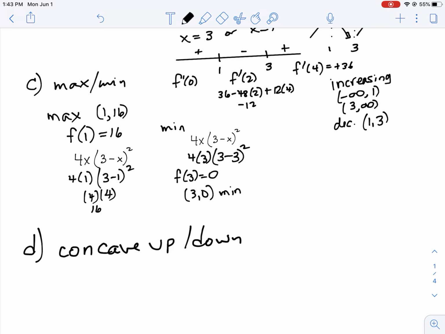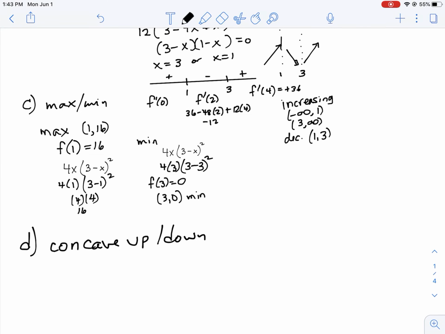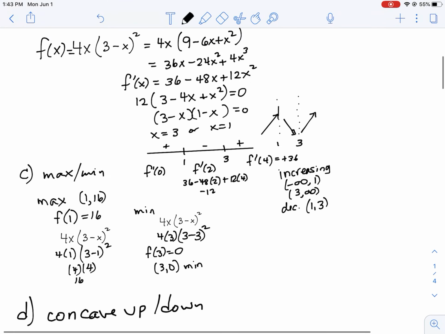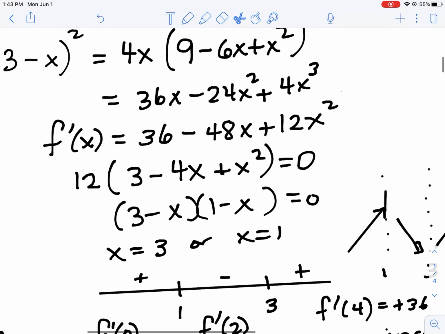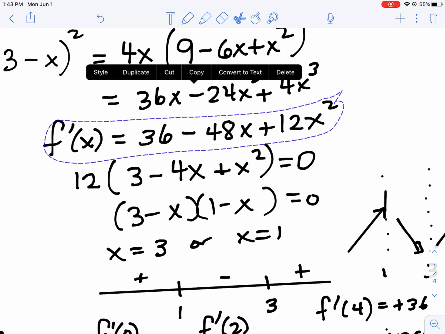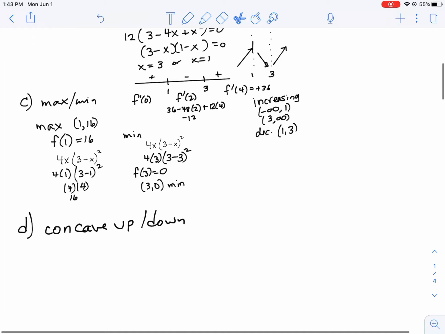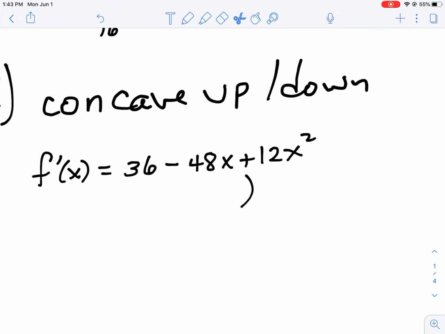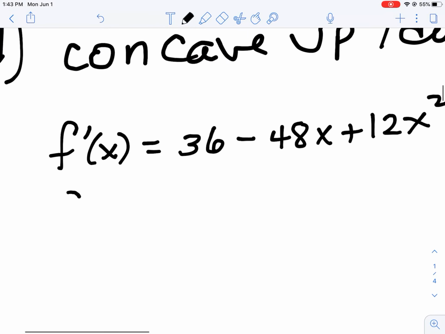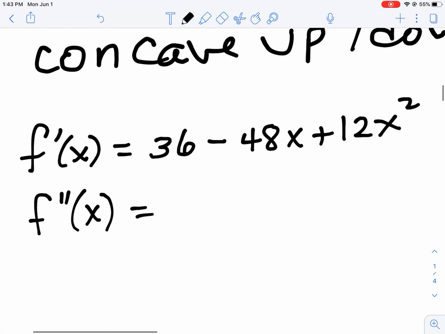Okay, and now concave up and concave down, that has to do with the second derivative. Okay, so I'm going to take this first derivative that I have right here, that I did earlier. I'm going to copy that, and for my concave up and concave down, I have to find the second derivative, which is not hard, and then set it equal to 0. So second derivative is going to be, well, that's going to be 0.